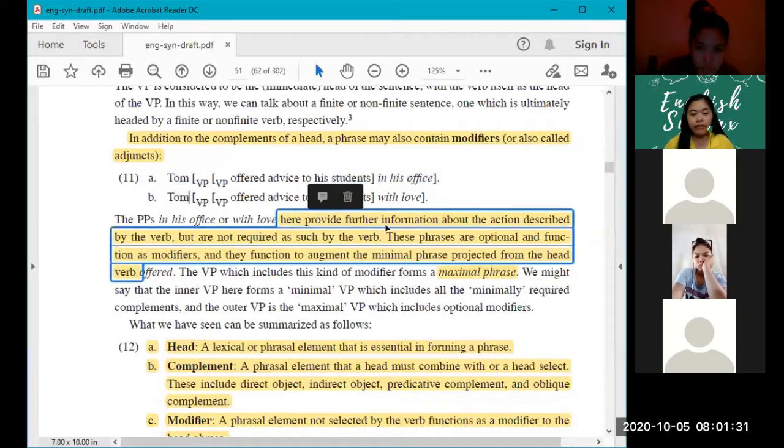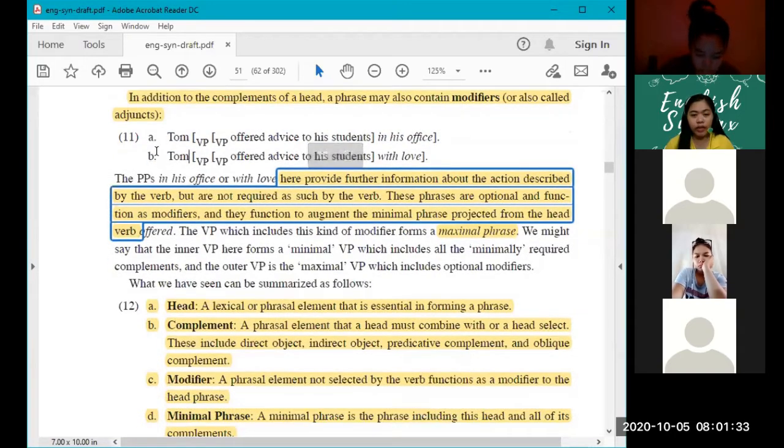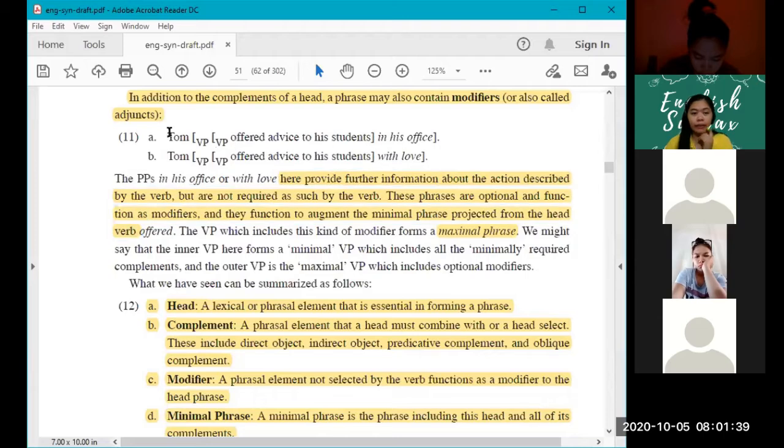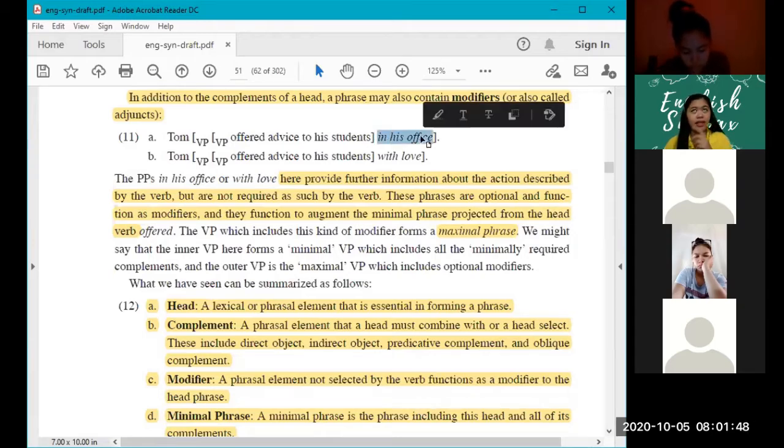Here it provides further information about the action described by the verb, but is not required by such verbs. So, pwede siya nga wala. For example, Tom offered his advice to his students. Pwede ra siya mag-end ana. But there are modifiers which are not necessary. Pwede ra siya wala. Pwede po siya naa, pwede po siya wala.